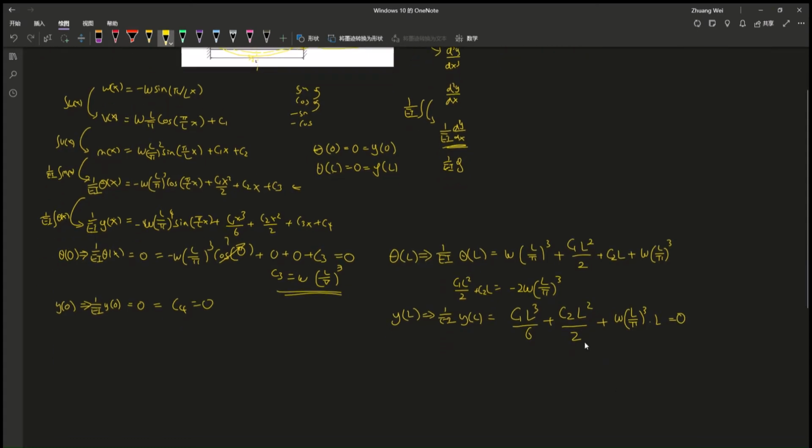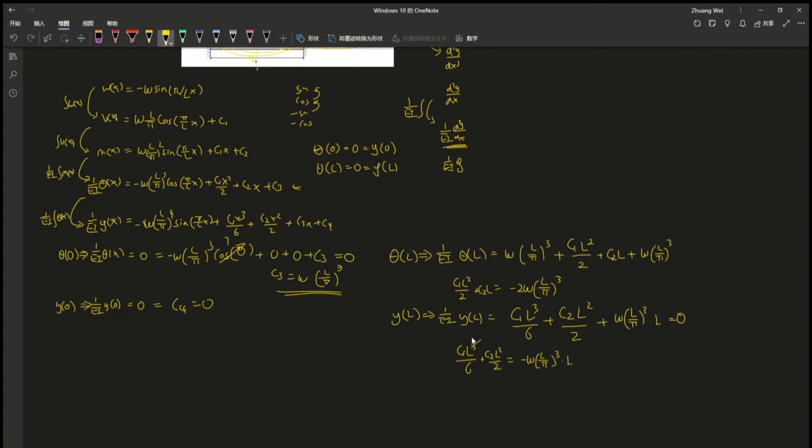Perfect. Now we can write, so let's say C1 L to the 3 over 6 plus C2 L to the power of 2 over 2 equals negative W L over pi to the power of 3 times L.